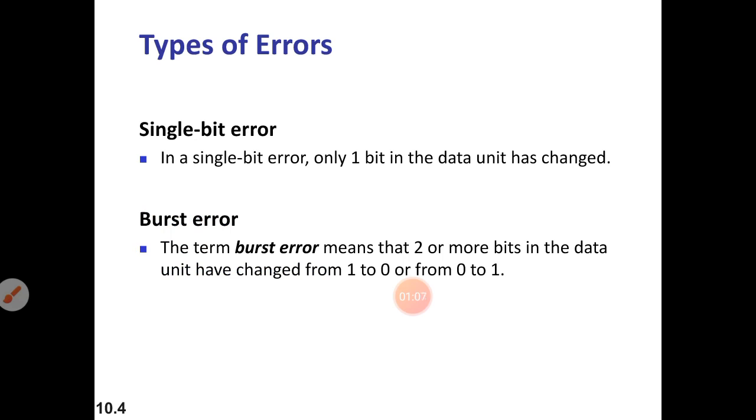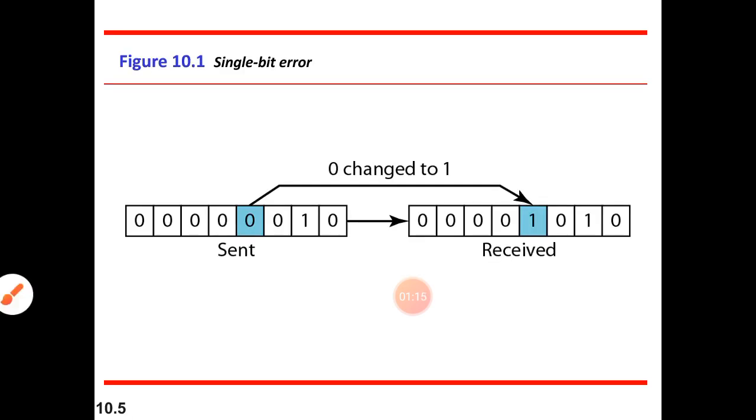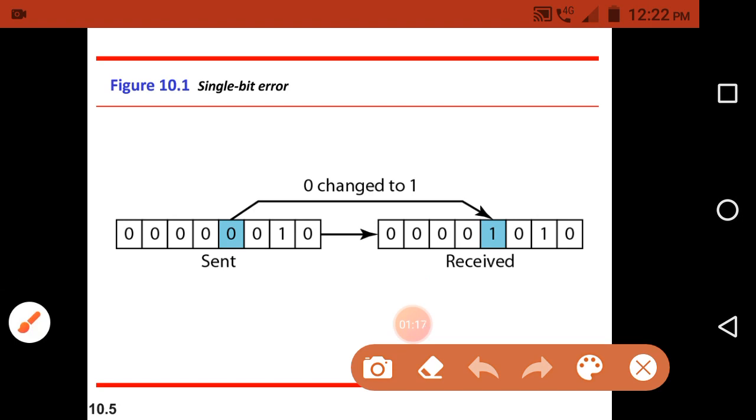The single bit error means only one bit in the data unit is changed. There is data present at the sender side and data received by the receiver. Both are different here. One bit has been changed.